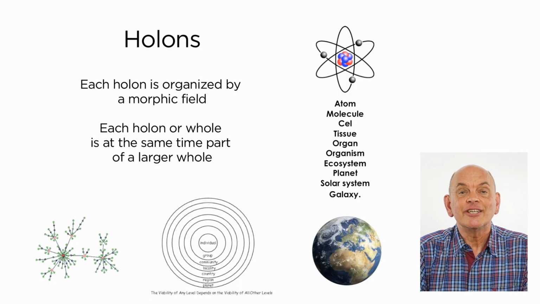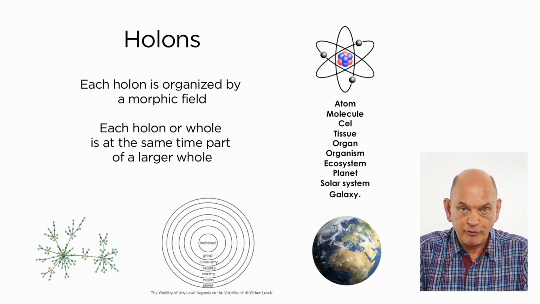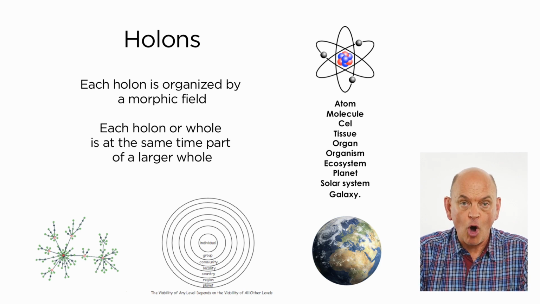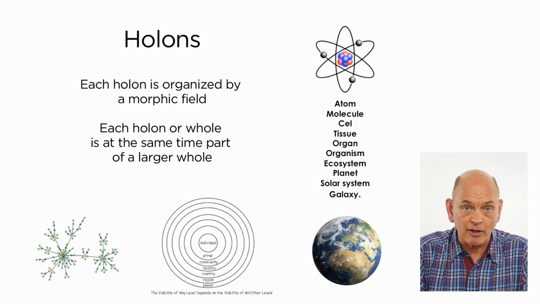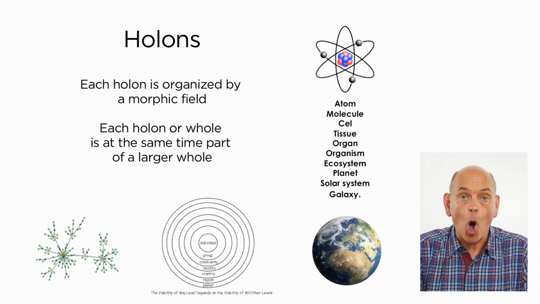And each cell, each particle has its own morphic field. Such a unit is called a holon. It's a self-organizing whole, like a cell is a self-organizing whole. But the cells are organized in tissues. That's a larger holon.